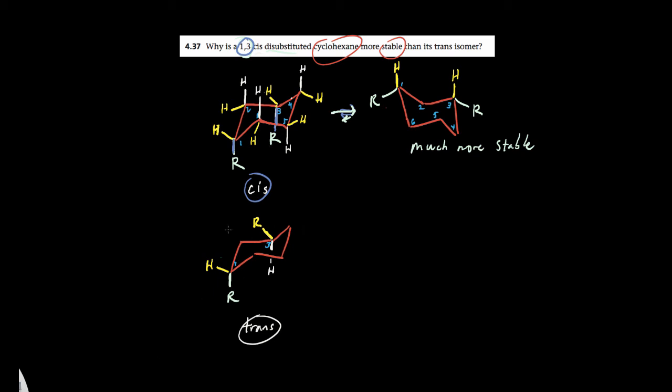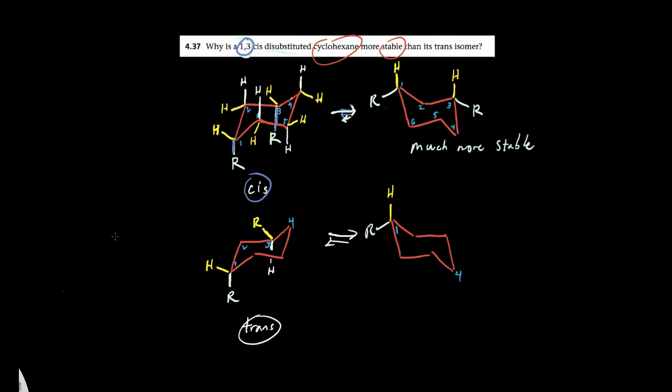So when we flip our chair, we're going to flip the chair so that carbon 1 is up now, and this is 2, 3, 4, so there's 1 and 4. Carbon 1 went up and 4 went down. So that means that the hydrogen here at 1 is up. The R is still down, but now the hydrogen was equatorial, now it's axial. The R group was axial, now it's equatorial.